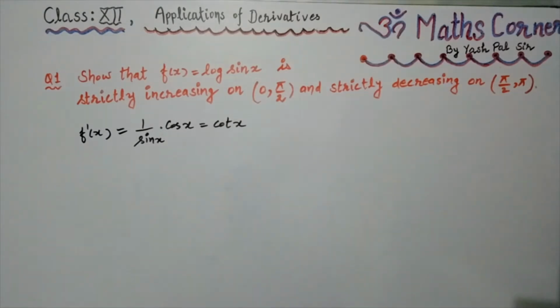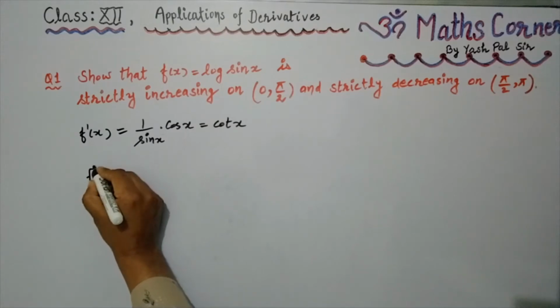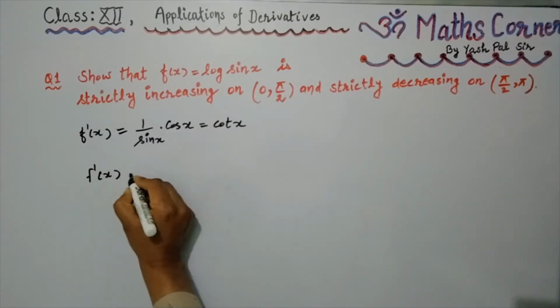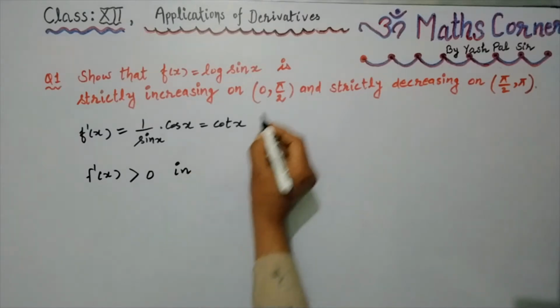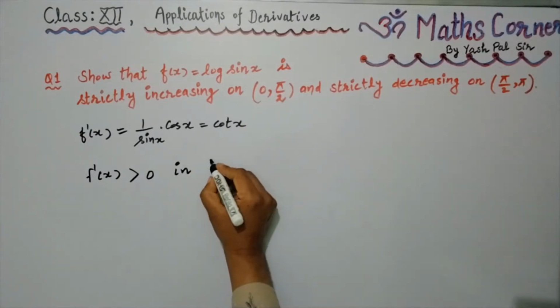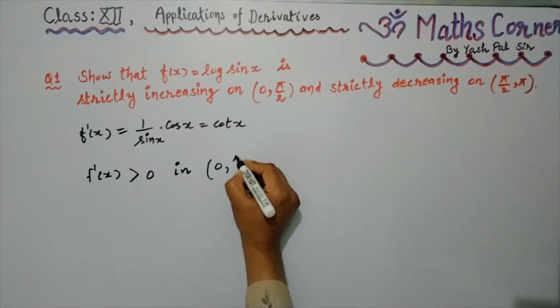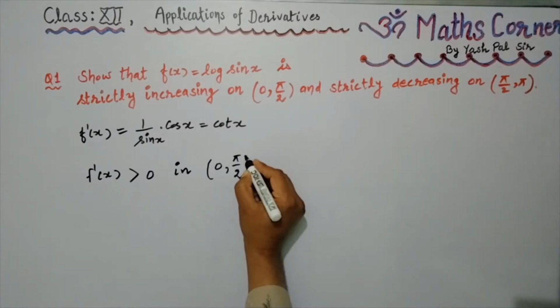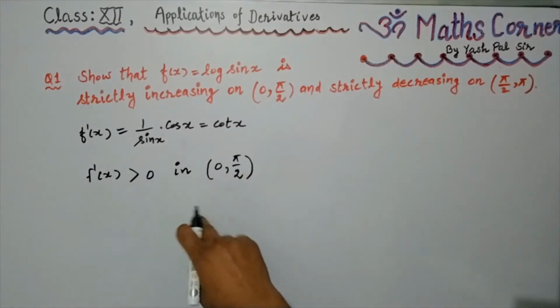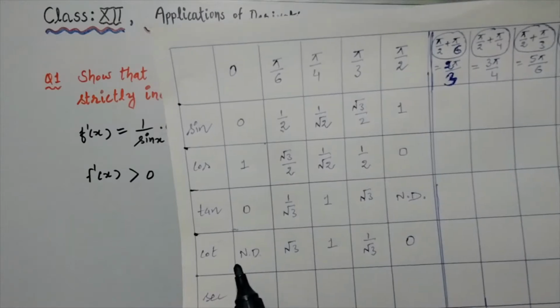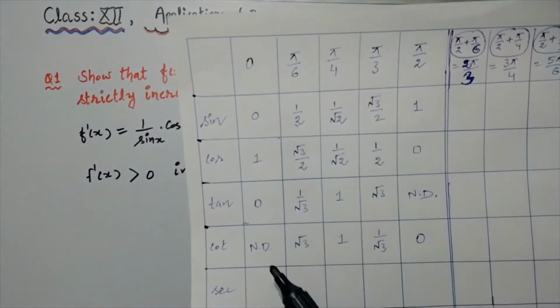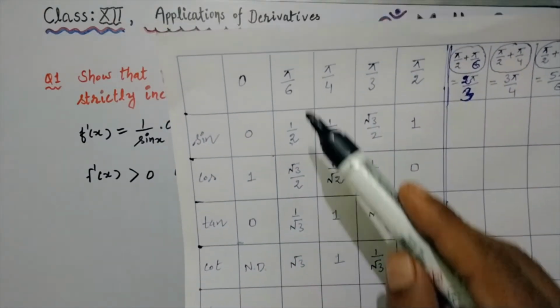Now strictly increasing means f dash x is greater than 0 in the interval 0 to pi by 2. Strictly greater than 0 means positive. We can see the table. On this table, cotangent 0 degree is not defined.